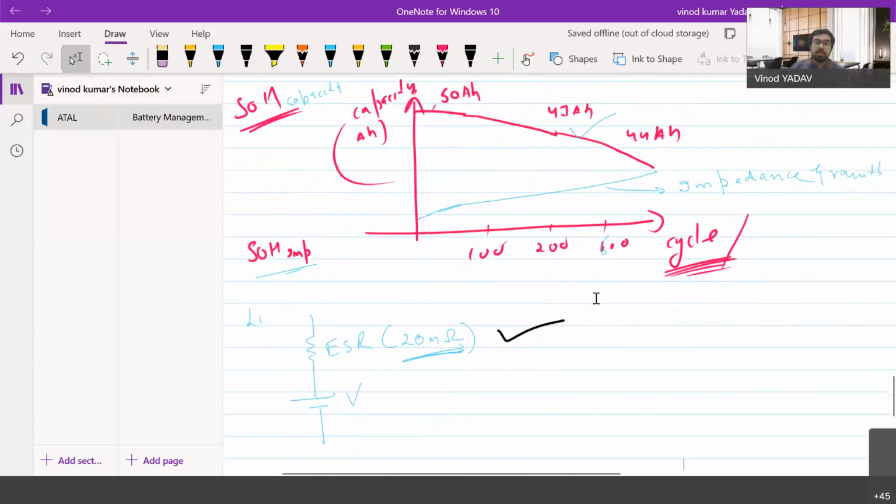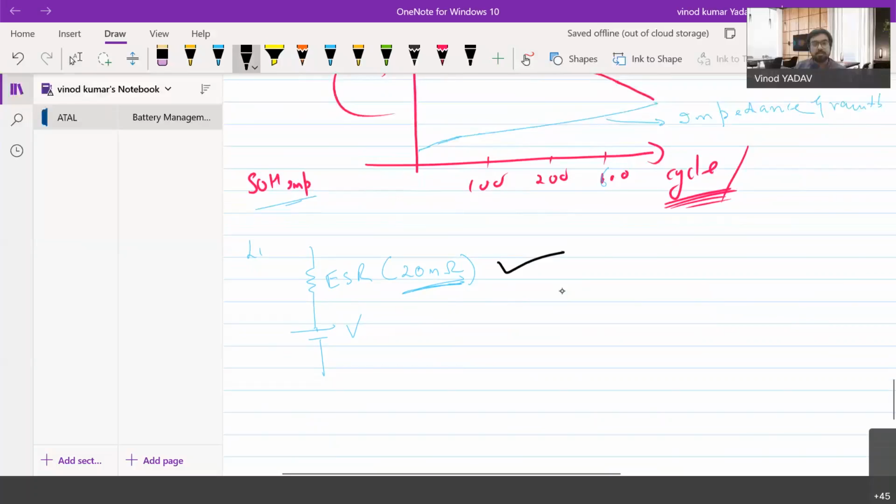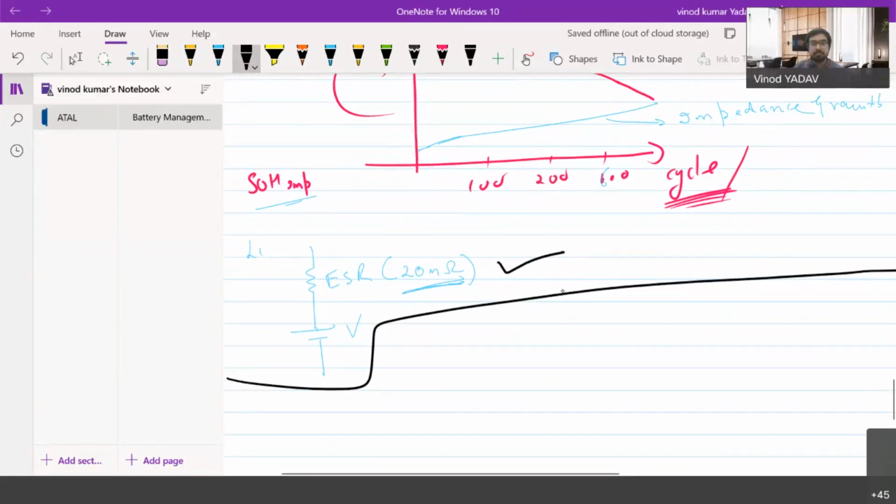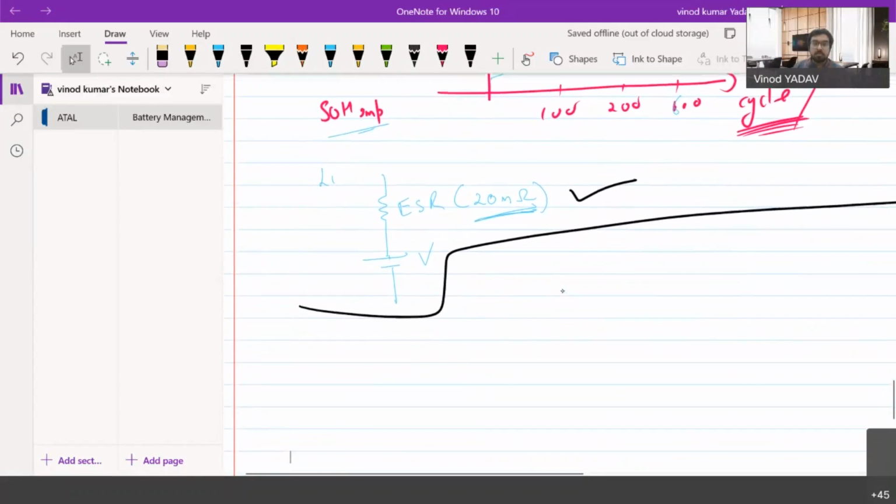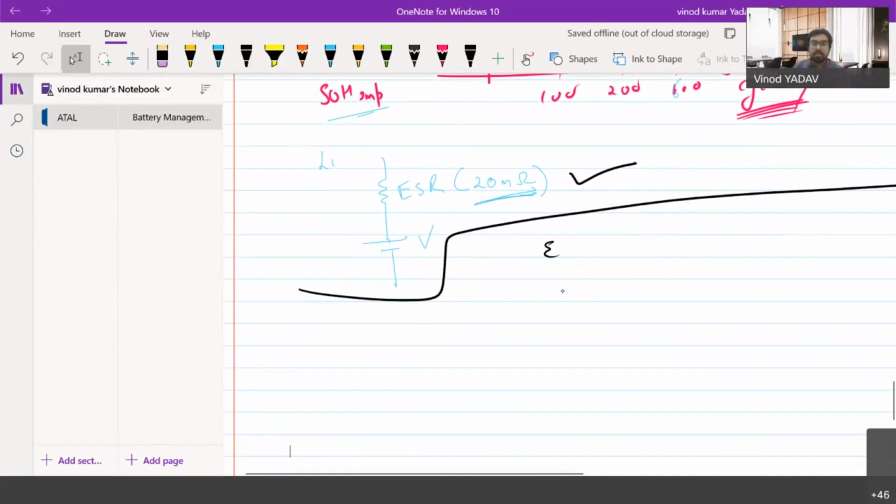To understand it better, I will take one example. Suppose for any electric vehicle, you have to calculate the estimated range after a certain amount of charge cycles.